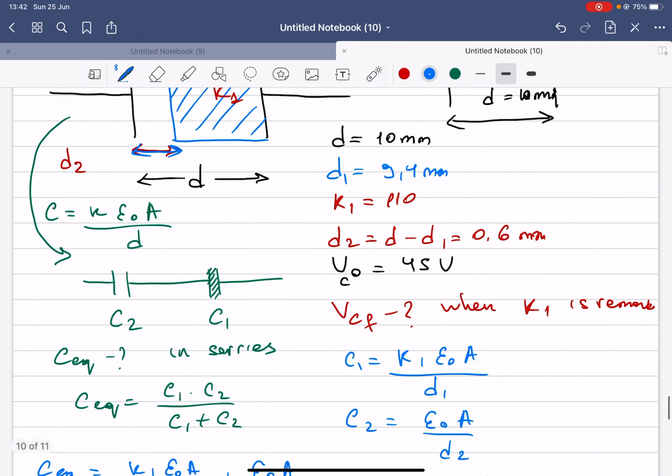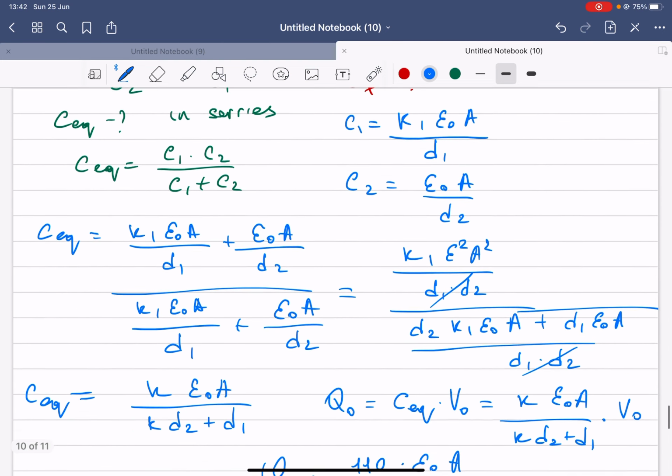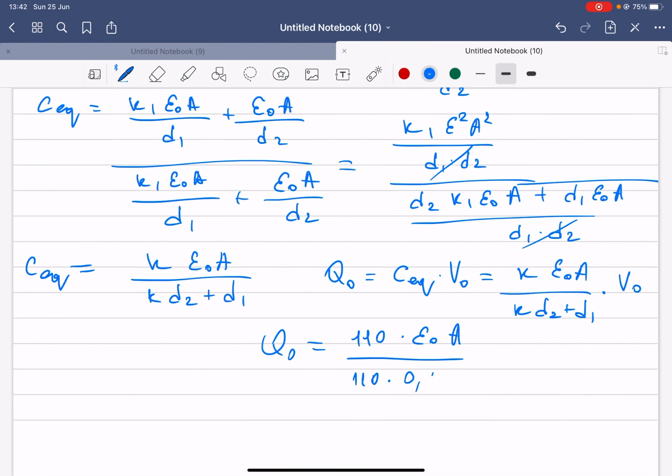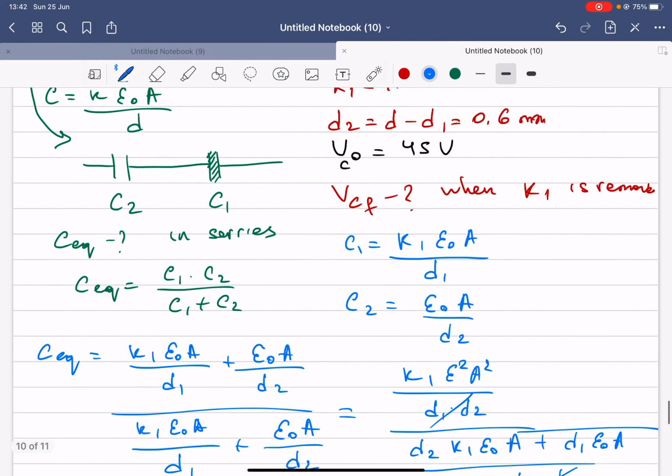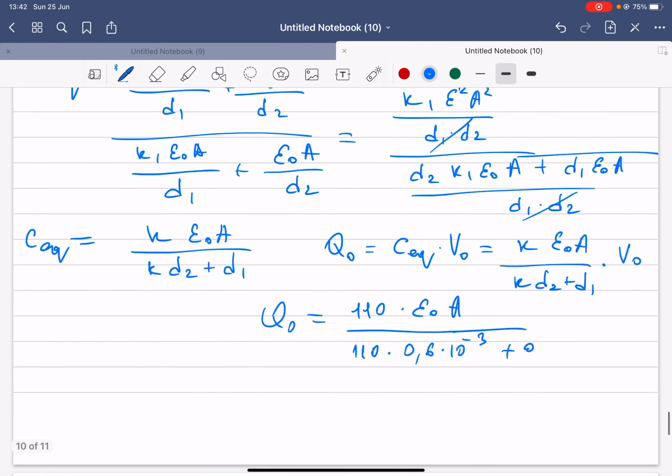D2 was 0.6 millimeters, correct? 0.6 millimeters, or 10 to the power of minus 3, plus D1, which was 9.4 millimeters, also 10 to the power of minus 3. Now, if we do calculate it, we will end up with the equivalent.